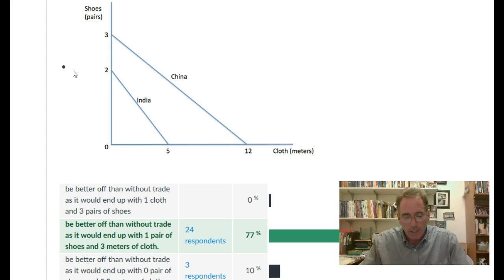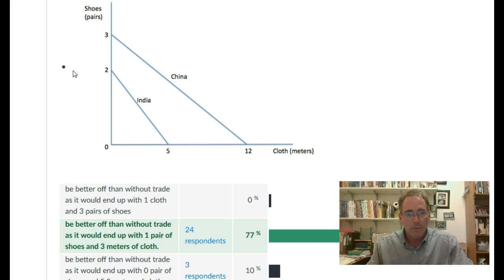So for 1 shoe, I divide 2 shoes by 2 and 5 clothing by 2, and I get 1 shoe equals 5 over 2, which is 2.5 clothing. So for India, the opportunity cost of 1 shoe is 2.5 clothing. They sacrifice 2.5 clothing to get 1 shoe.